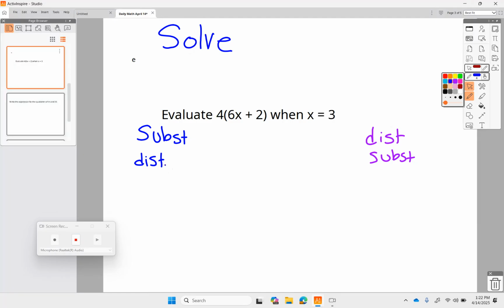So that means I'm going to write the 4, the parenthesis, and the 6. In the x's place, I'm going to put 3, but I want you to understand it is not 63. It is like a 3 in parentheses.